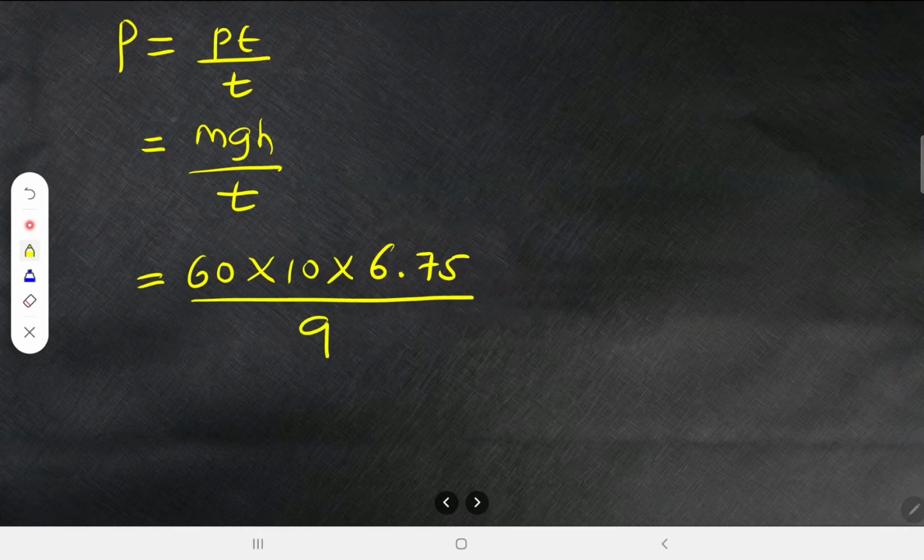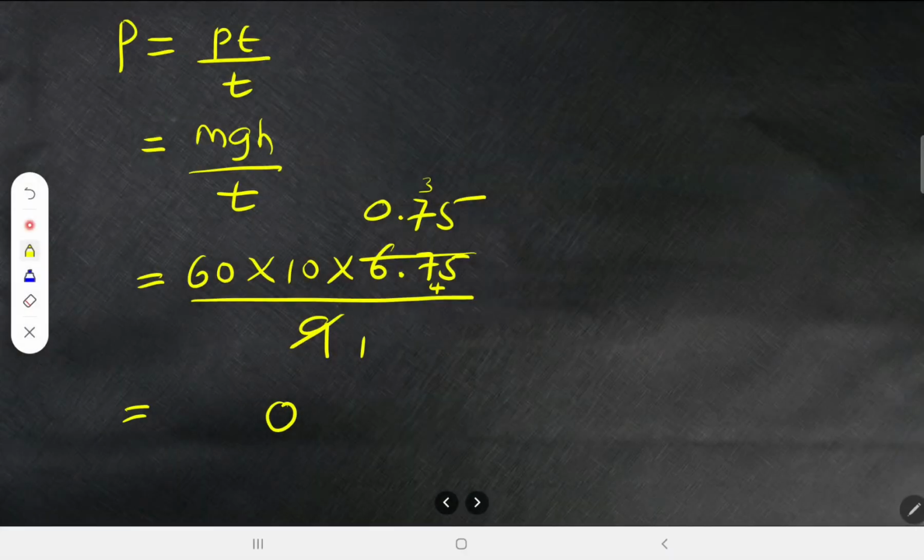So let me keep it as 9. So try here, 9 ones are, then 0 point, it becomes 9 sevens are 63, then 4 is the carry, then 9 fives are. All right, here 0 is there, here 0 is there, we can take care about that later. 6 fives are 30, 3 is the carry, then afterwards 6 sevens are 42, 42 plus 3 is 45, then afterwards I'm going to give these two zeros, and two places it will come back here.